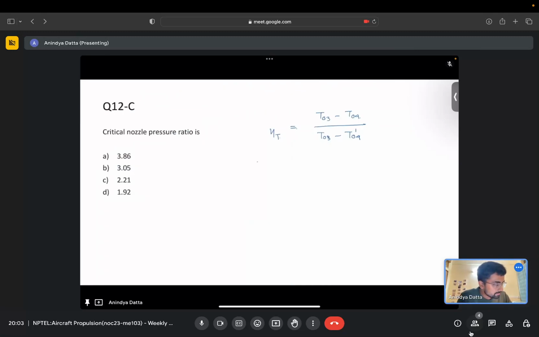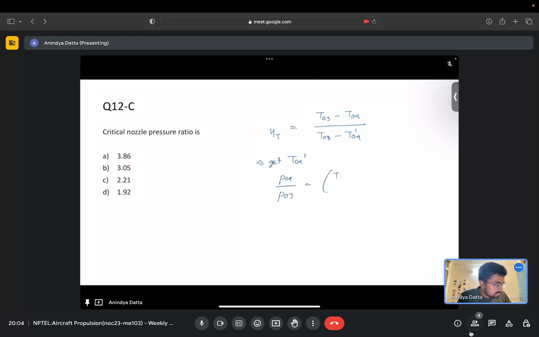From there you can obtain T04 prime. I don't have the values computed here, but you get T04 prime from here, given that you know T03, T04 and eta T.